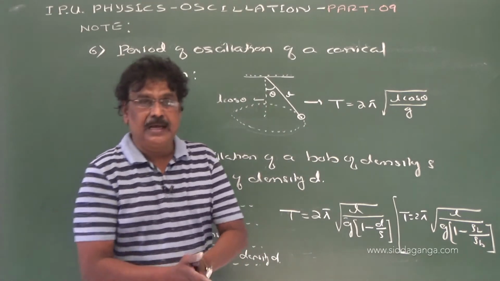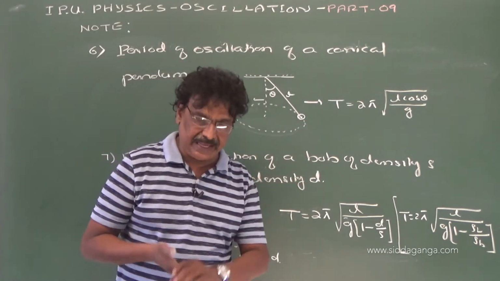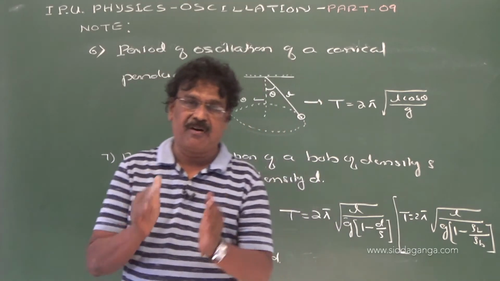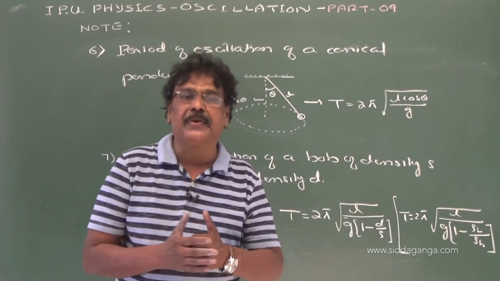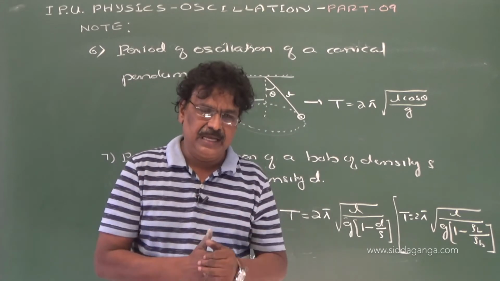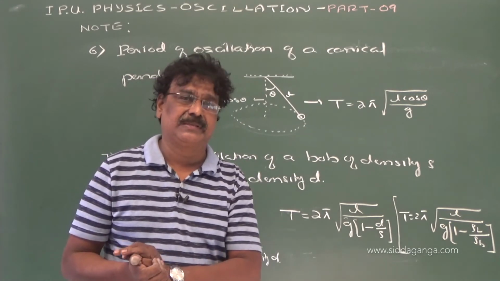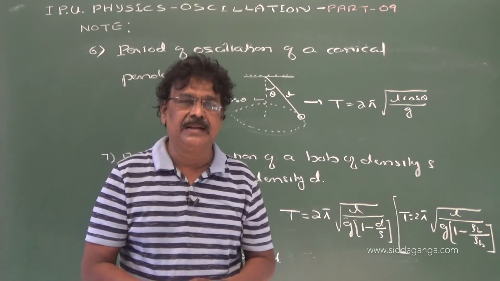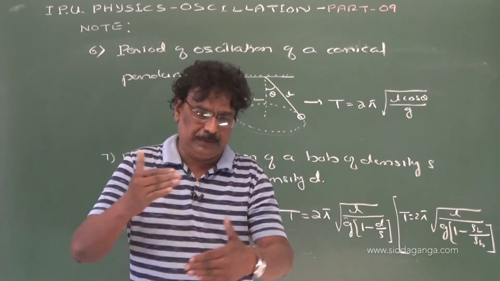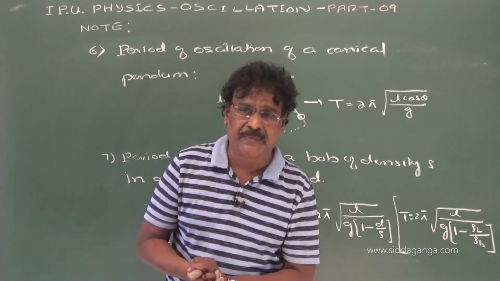Is that clear? That's all about oscillation of simple pendulum in various cases. Generally, these concepts and formulae will help you in competitive examinations. We will discuss some more concepts about oscillation of different systems later, at the end of this chapter, because that helps in competitive examinations.